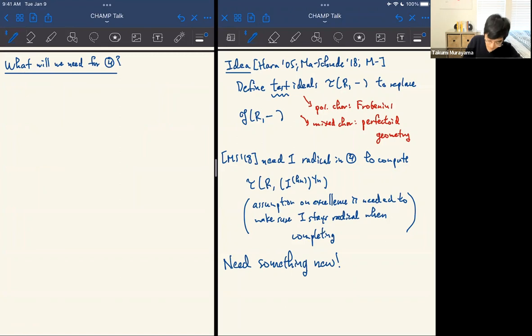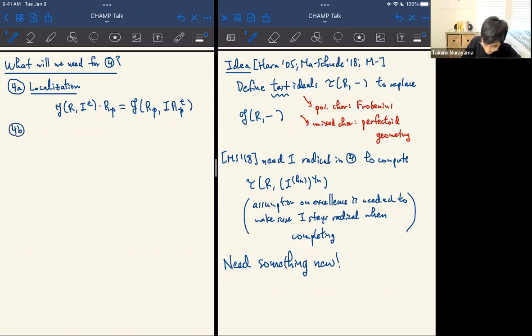So I'm going to call these 4a and 4b. 4a is that multiplier ideals are known to localize well. So if you take J of R comma I to the t and you localize at p, this is equal to J of R_p comma I R_p to the t.